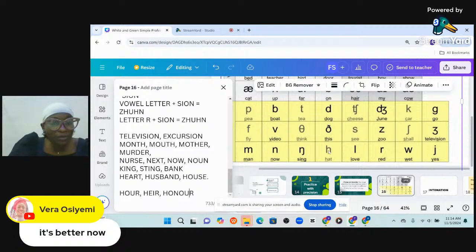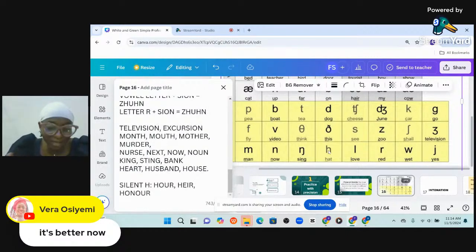When you're pronouncing words with letter H, you have to be careful of silent H words. Because if you pronounce a word that is supposed to have silent H without silencing the H, then you might confuse your audience. Now, the word H-O-U-R is pronounced hour.